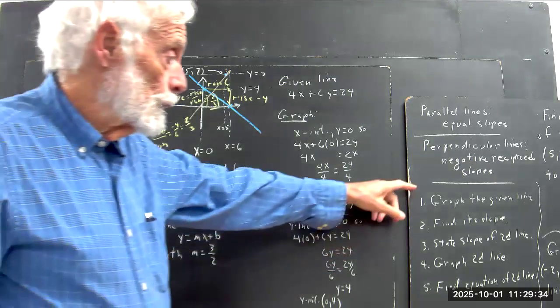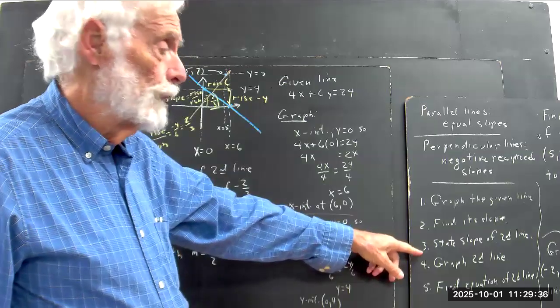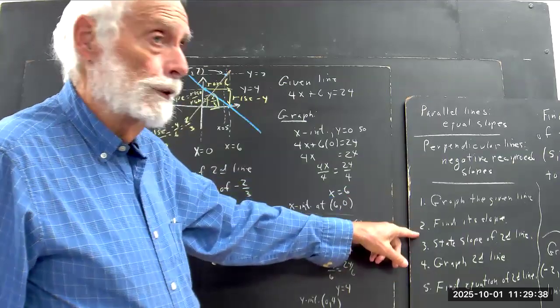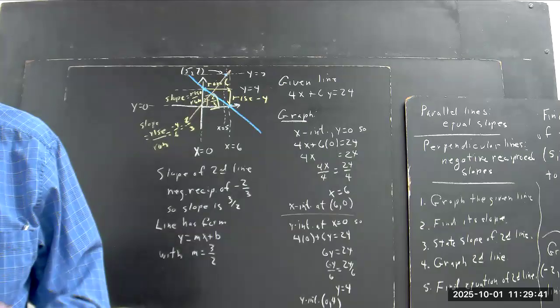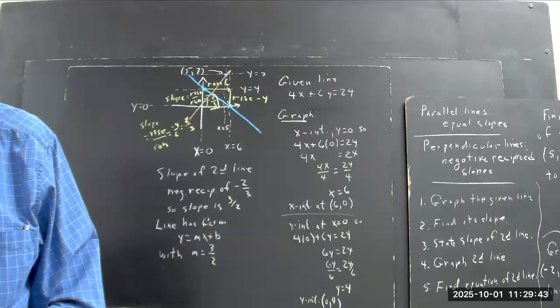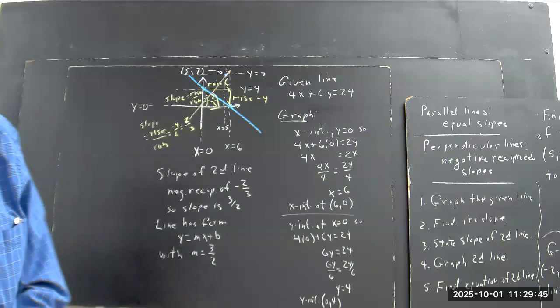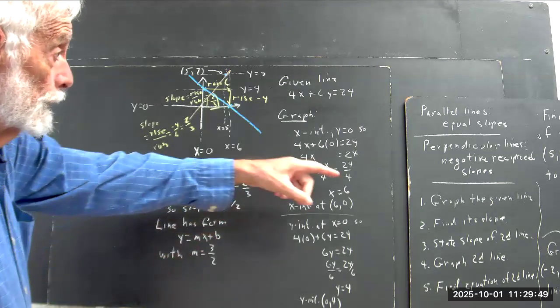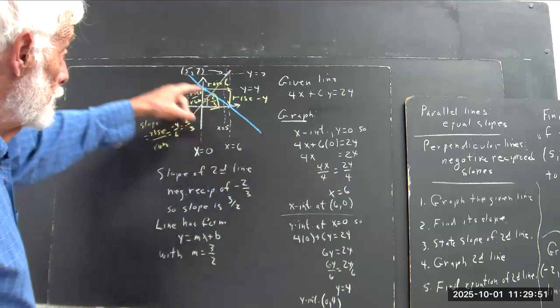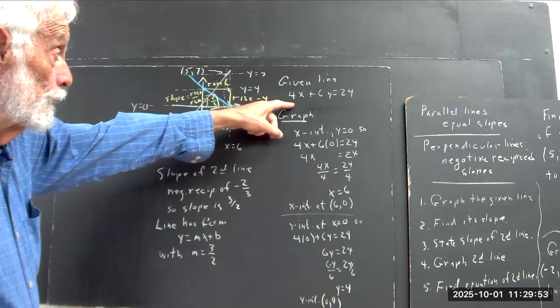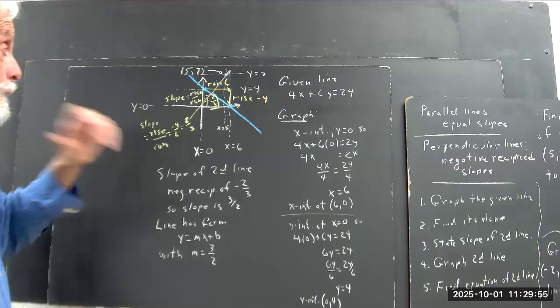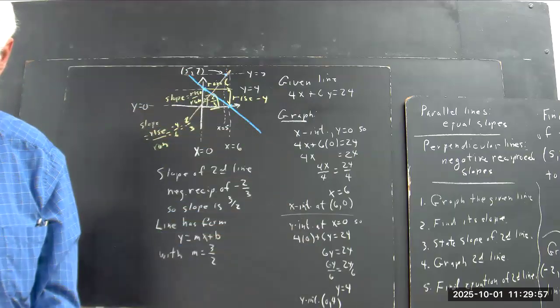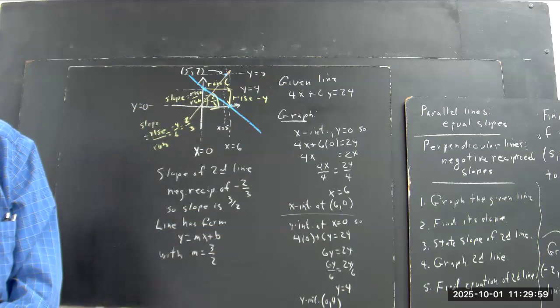Now, we've already got through step 3 here. We use the graph to find the slope. We could also use algebra to find the slope, and I'll show you that. But if you know how to graph a straight line given in this form, it's easy to graph using the x and y intercepts, something that you need to know how to do.